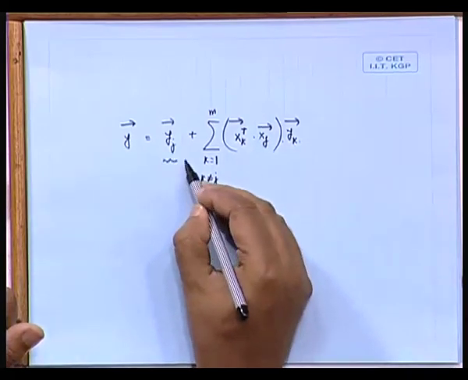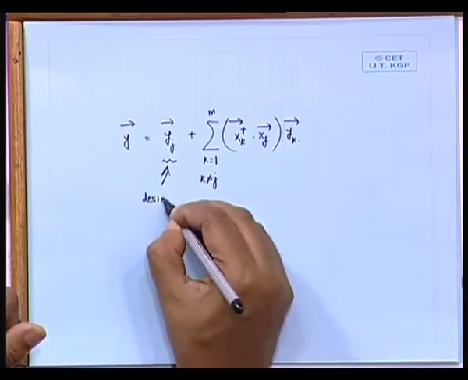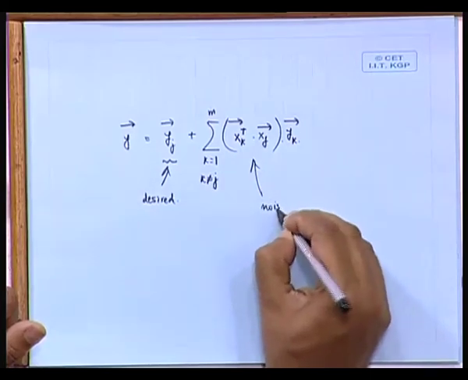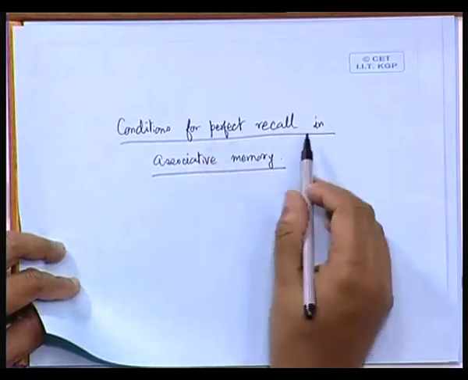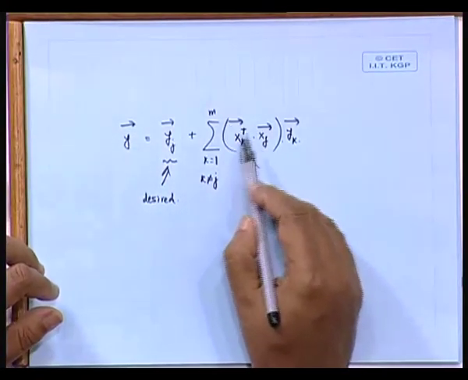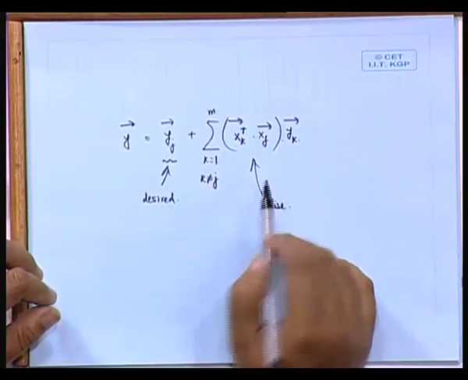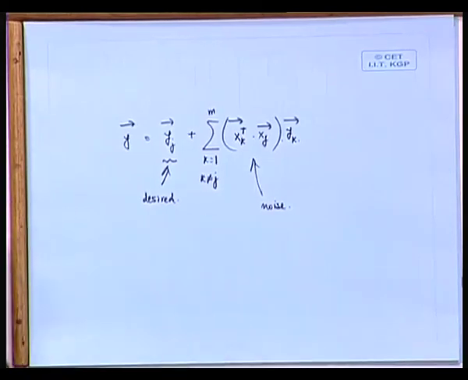Now, this one is very simple. This is our desired term, and this is the term that contributes to noise. And if we are talking in terms of the conditions for perfect recall, then what we need is that this term should ultimately be equated to 0. So, let us see what conditions we are getting for that.